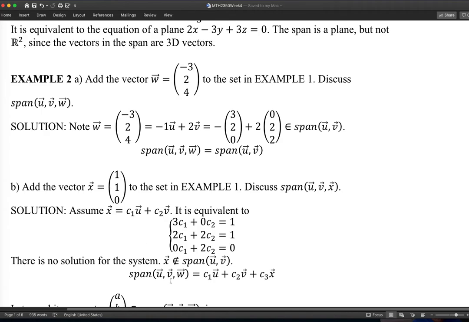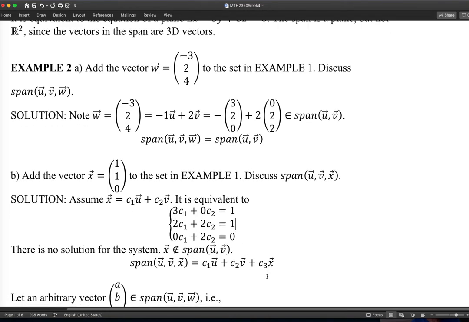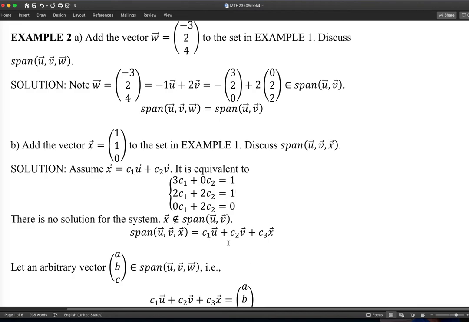So specifically, the span of u, v, x has to be the linear combinations of those three vectors. And clearly, I'm saying this span is different from the previous one. Then how do we know it is really different?